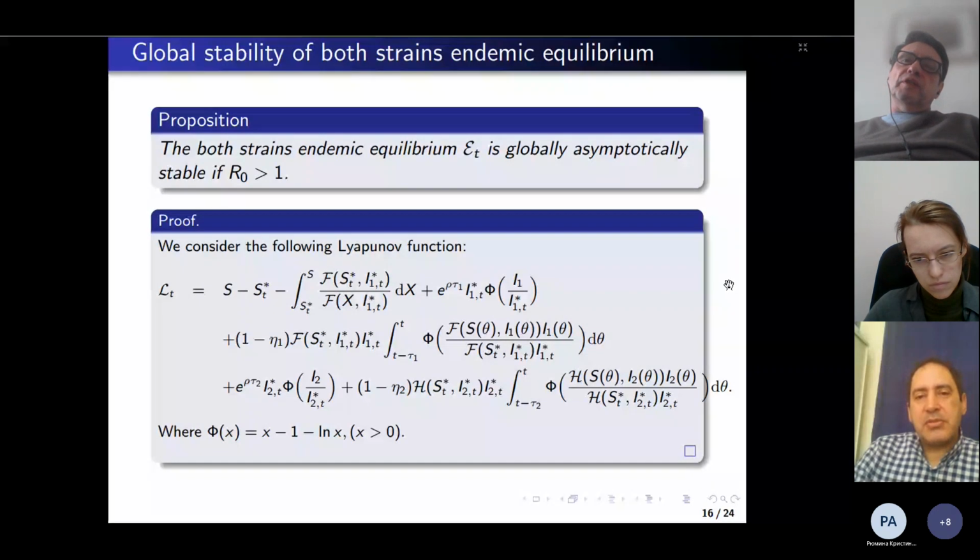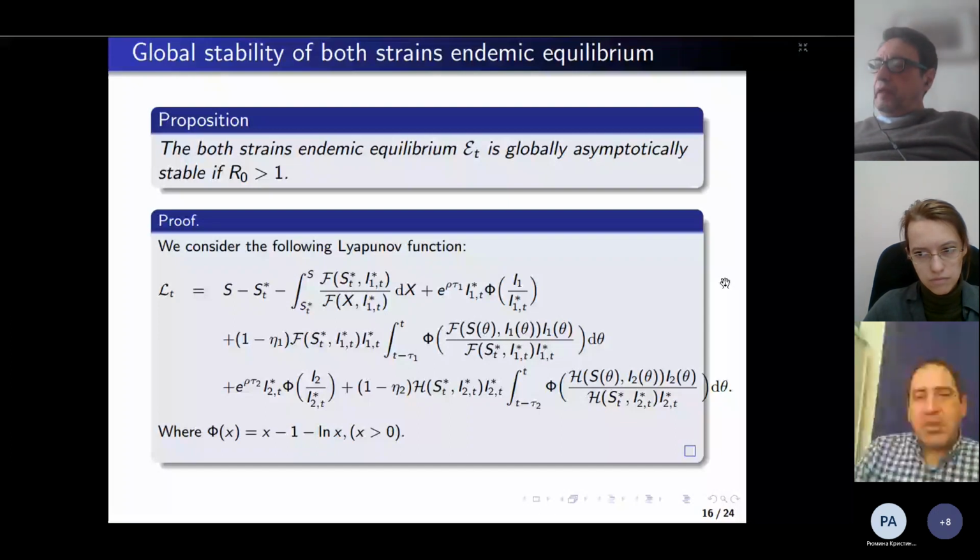So you have constructed four Lyapunov functions. Yes, four. This is really, I think, a very interesting and very difficult result to find these functions. So my congratulations. It's really not obvious at all to construct them for such a complex model.